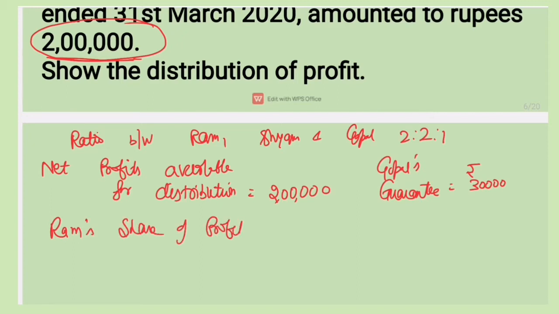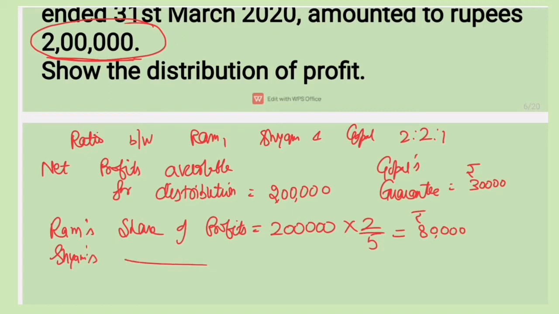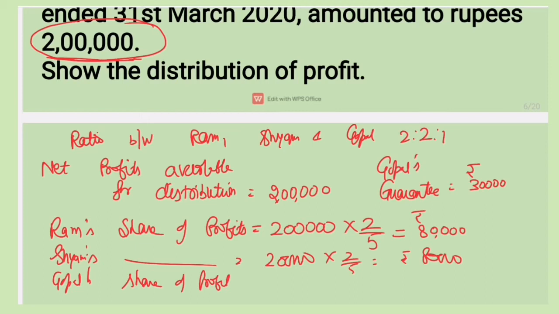So accordingly, Ram's share of profits will be 2 lakh into 2/5, which will be equal to rupees 80,000. Then Shyam's share of profits, again it is 2 lakh into 2/5, again rupees 80,000. And Gopal's share of profits is 2 lakh into 1/5, and it is rupees 40,000.